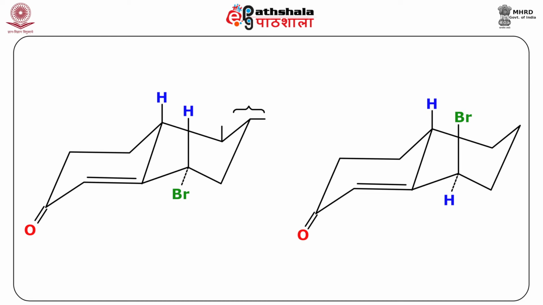Now it has been noted that the effect of an axial substituent in displacing the R band to a longer wavelength is greater as compared to that observed in its equatorial isomer. This is clearly shown in the figure, as you can see.